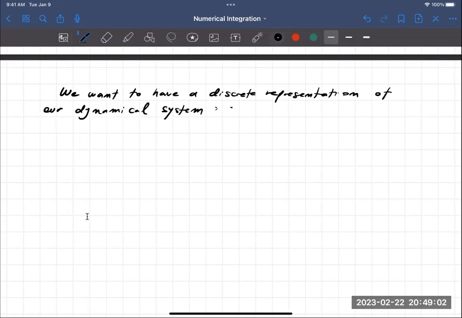Our dynamical system x dot equals f of x and t.